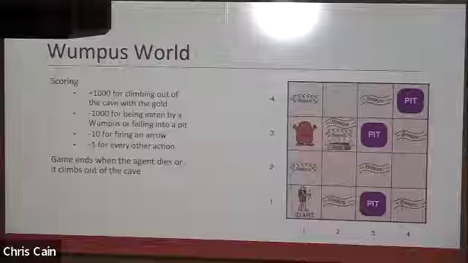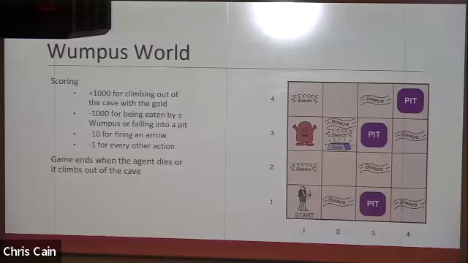If you're able to find the gold, it will more than make up for the time that it takes to explore around to find the gold. So it's always worth trying to find the gold, unless of course you don't have enough information to make an informed decision about what's safe and what's not. So you have to trade off how risky is it for me to explore a particular space with how likely am I, if I explore that, to find the gold.